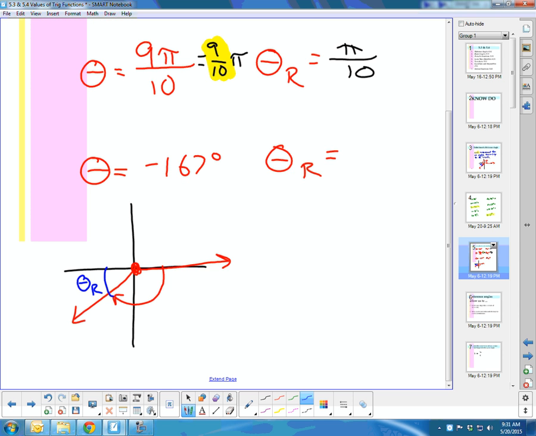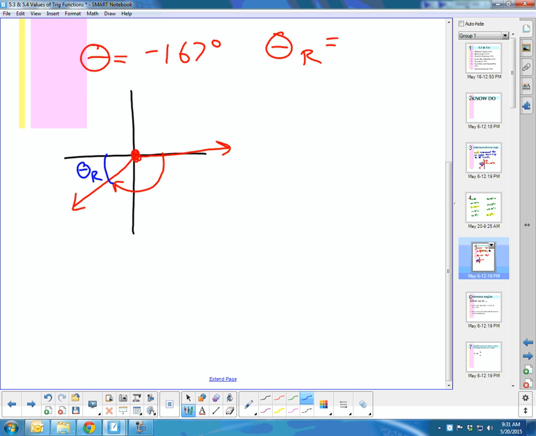If I ignore the signs and the direction of the rotation, I know that the absolute values of theta and theta sub r should add up to 180 degrees. So I can say 180 degrees minus 167 degrees is going to be equal to 13 degrees. So that measurement there, that theta sub r, is going to be 13 degrees.